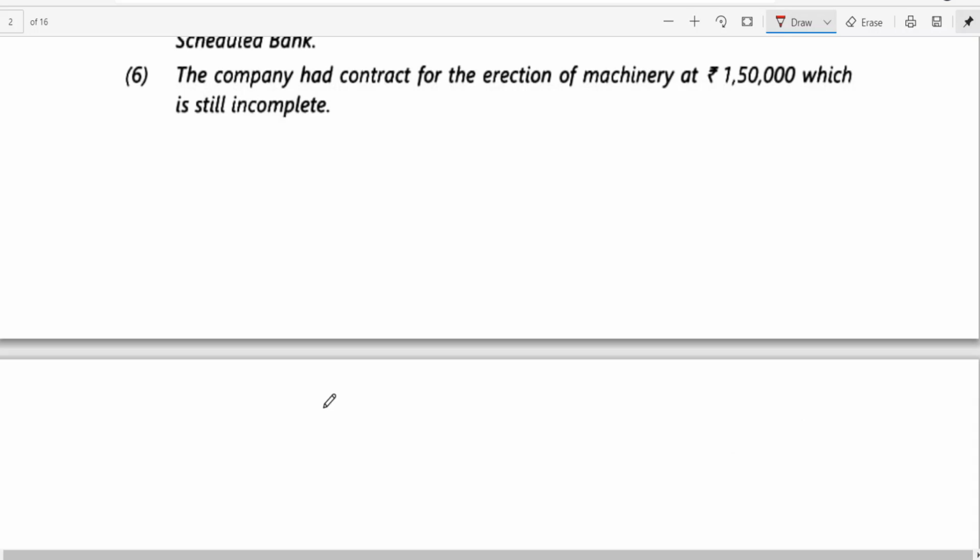One page they leave for the balance sheet, and then they go for notes to account. After completion of notes to account, they come back to the balance sheet. So here I am starting with notes to account. This is for explanation, but you can do it like that also.